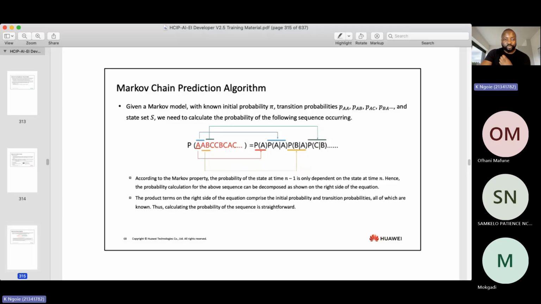The key insight is that the probability calculation is straightforward because all required probabilities are known. According to the Markov property, the probability of the state at time n+1 depends only on the state at time n. So the probability of tomorrow depends on what's happening today. The probability of the next step depends on what's happening now, so we don't care about what has happened before.